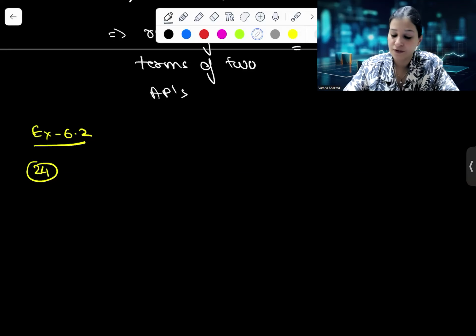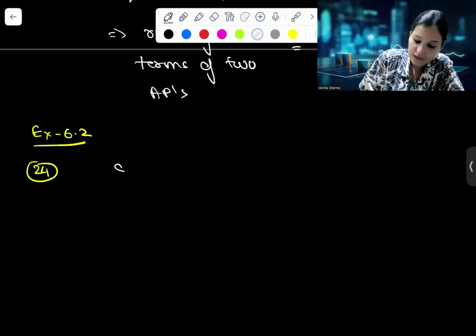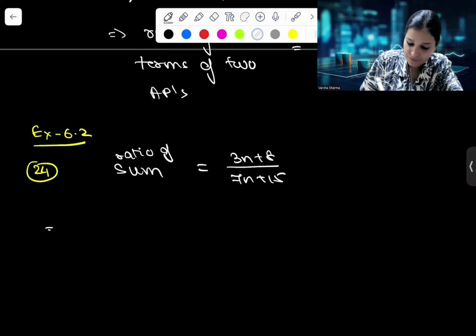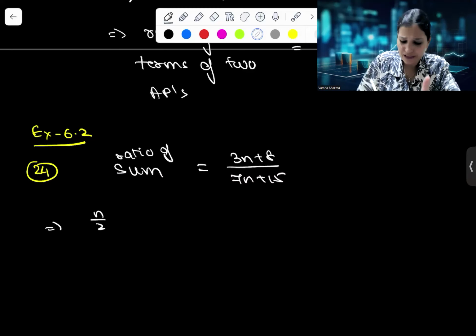Ratio of the sum is given to be 3n plus 8 upon 7n plus 15. So same, let small a and capital A, same terminologies.